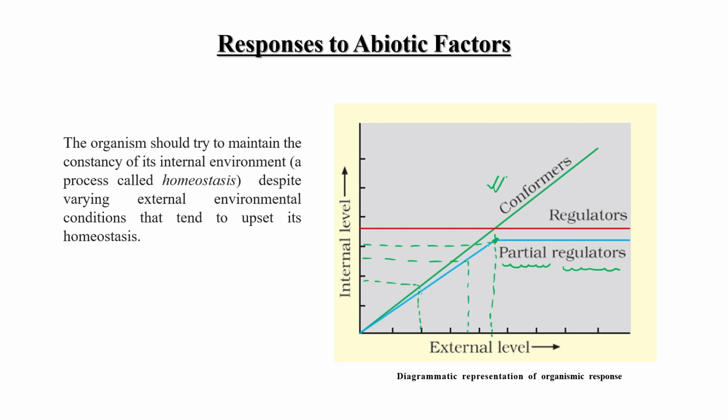Okay, like a lizard, up to a certain limit they can change their body temperature according to the environment. Means if the environmental temperature increases from 20 degrees to 40 degrees or so on, up to a certain limit they also increase their body temperature, but after 40 degrees they try to hide themselves in a cool environment.